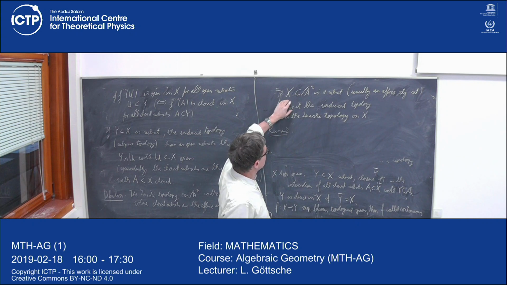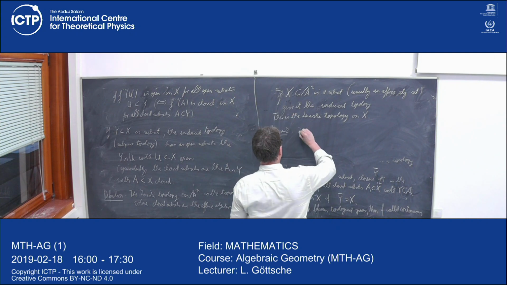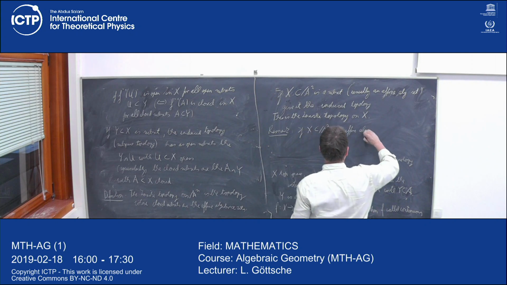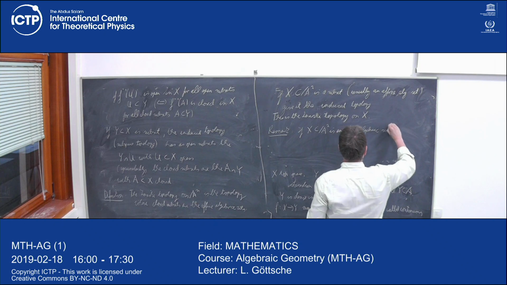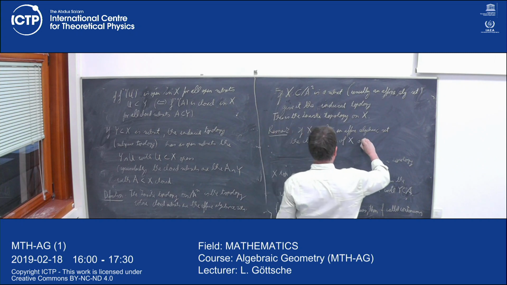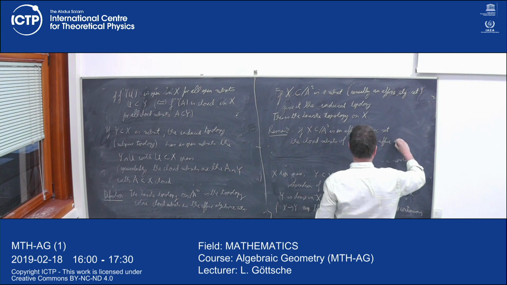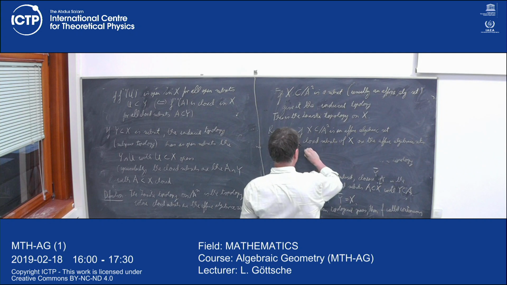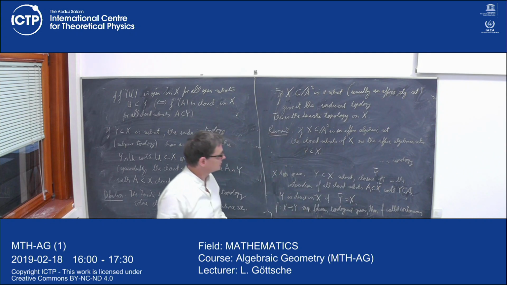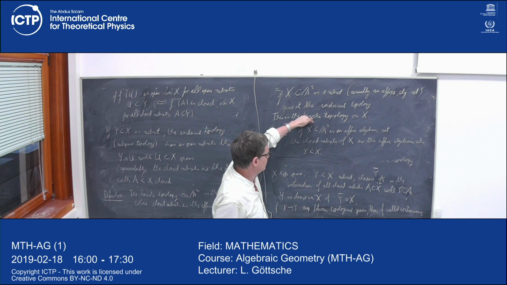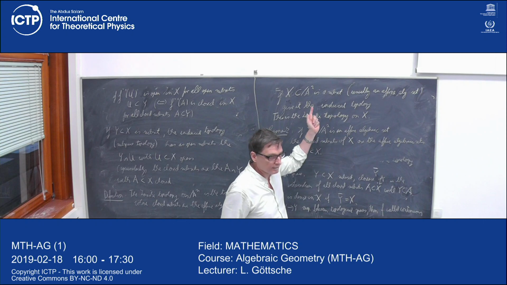Namely, the closed subsets of X are the affine algebraic sets of A^n contained in X. This is because, by definition, X carries the induced topology, so the closed subsets of X are the intersections of X with the closed subsets of A^n.